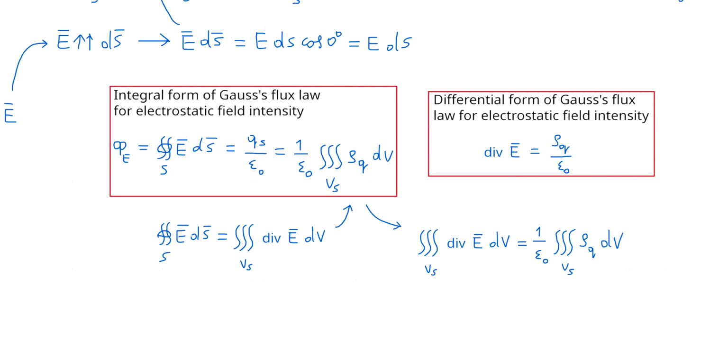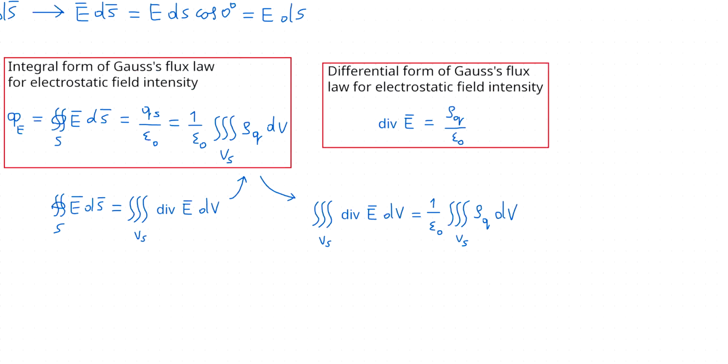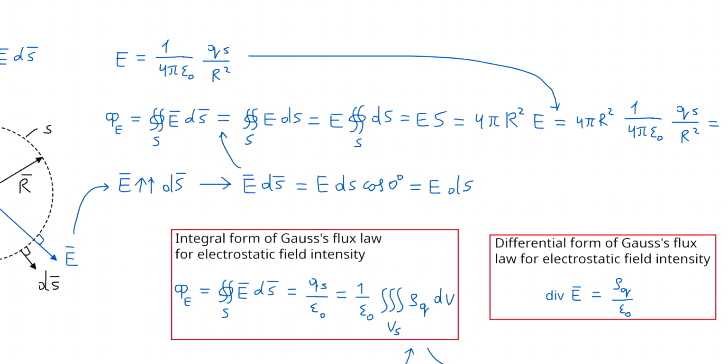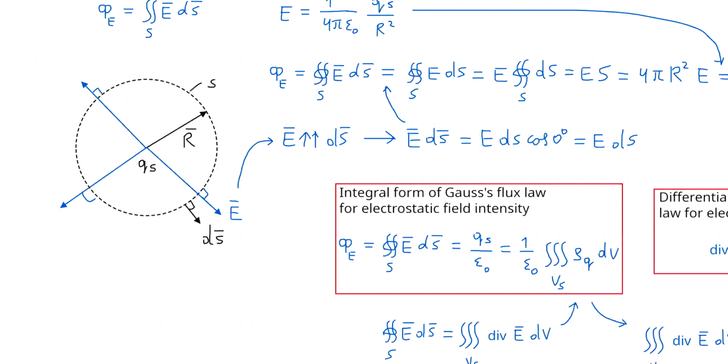In all these cases, Gauss flux law is useful. And if we have a defined electrostatic field, the differential form of Gauss flux law allows us to define the charge density that produces this electrostatic field.